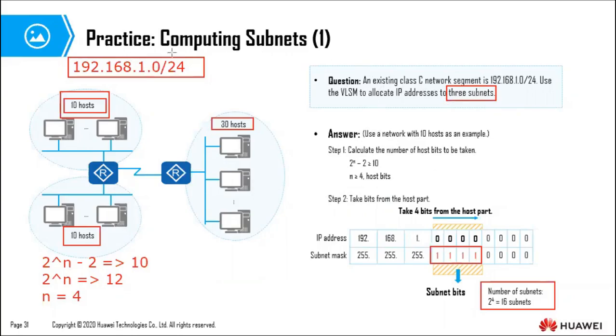But similarly, for 30 hosts, you can also subdivide in order to find n, just like we've done on this 10. So the formula is the same. 2 raised to power n minus 2 is equal to or greater than 30. So that you see, yes.